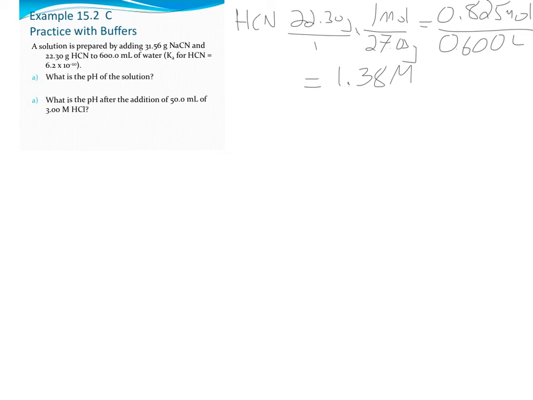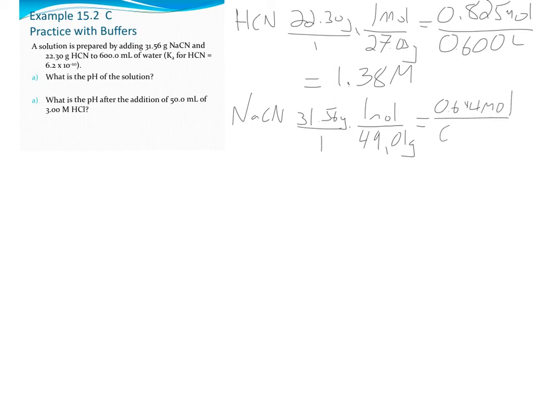And then for the NaCN, we have 31.56 grams, and 49.01 grams per mole, 0.644 moles over 0.6 liters, and we get 1.07 molarity.